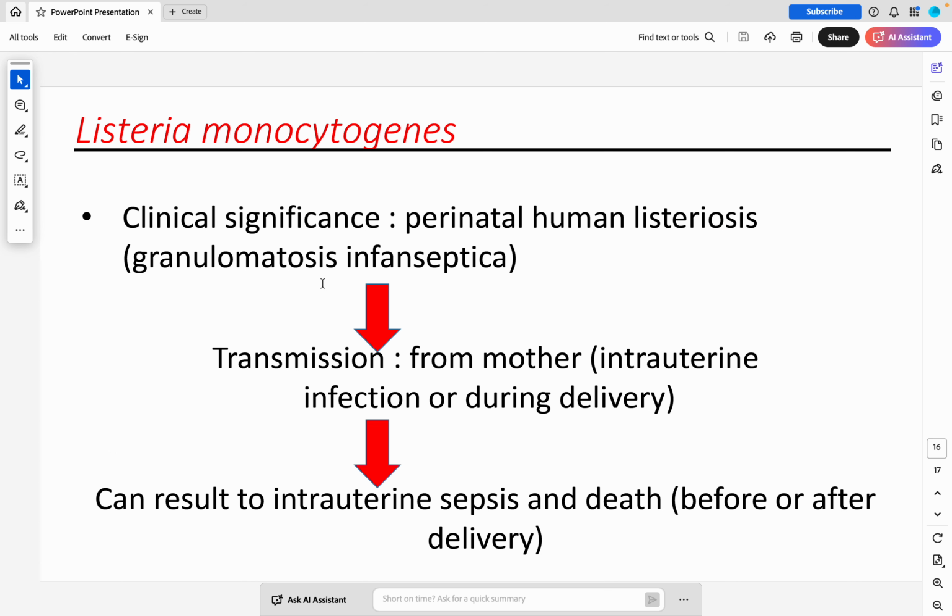Okay. So I mentioned this already. The perinatal associated listeriosis, granulomatosis infantiseptica, involves transmission of the pathogen from the mother to the neonate, usually via the intrauterine route during delivery.